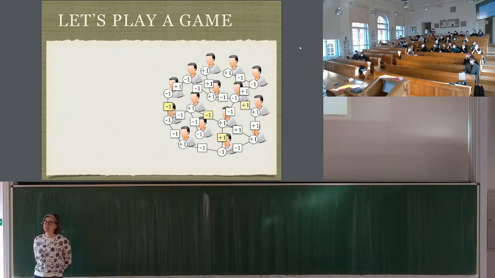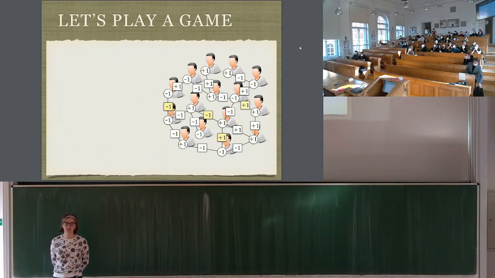So they say -1, even though, for instance, their cards were the same, or they say +1, if their cards were different, they lie. And those that are not yellow, they say +1 if the cards were the same, yes, and -1 if the cards were different. Okay?